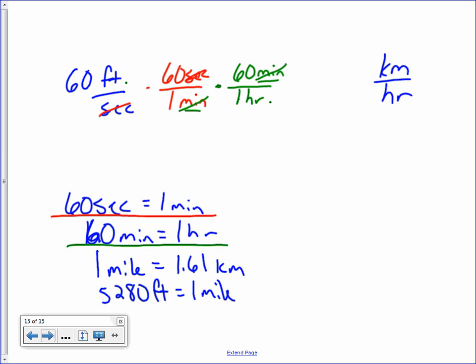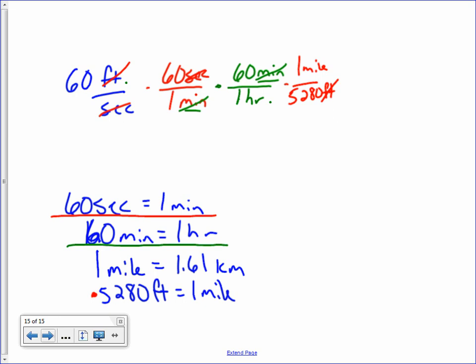Next I need to get rid of my feet and get it into kilometers. If I look down here, feet to miles, I've got 5,280 feet in 1 mile. So I take 5,280 feet to 1 mile, and now my feet cancel out. Now I simply have to go from miles into kilometers.